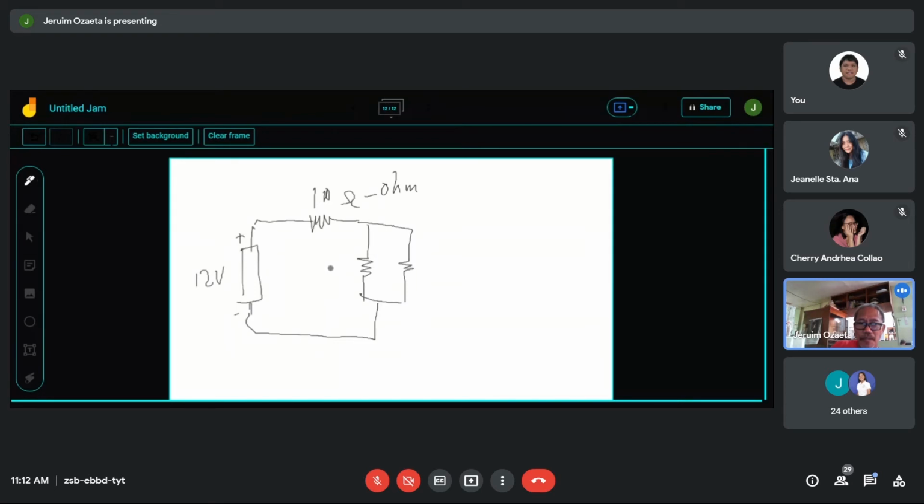Let's say this is 100 ohms, this is 200 ohms, and this is 300 ohms.